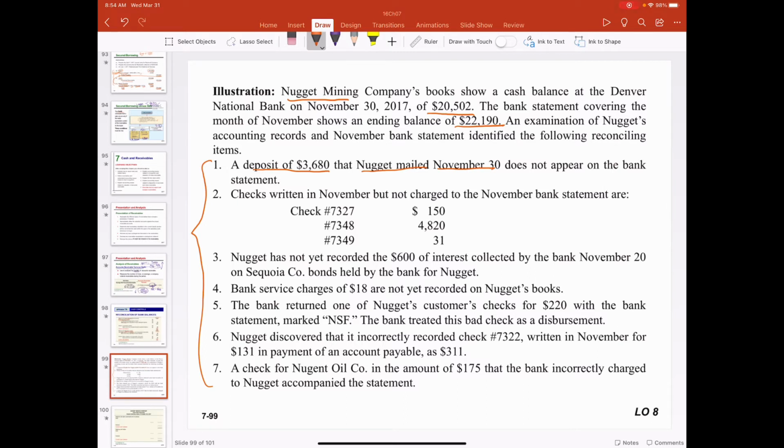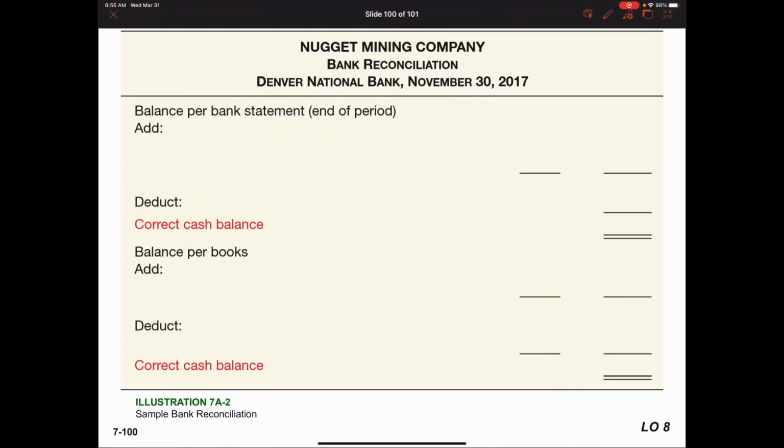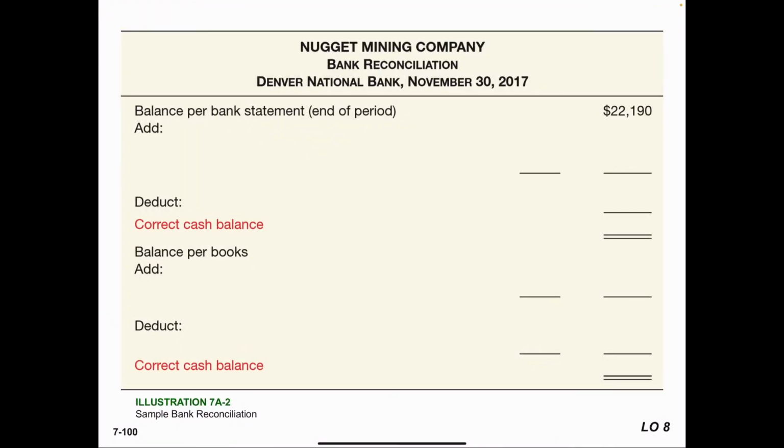But the bank will receive this deposit probably in December someday, and then take days to process the payment. So we should add this cash inflow to the bank statement. Let's check. The bank statement was 190, right? So we added the deposit in transit to the bank statement.